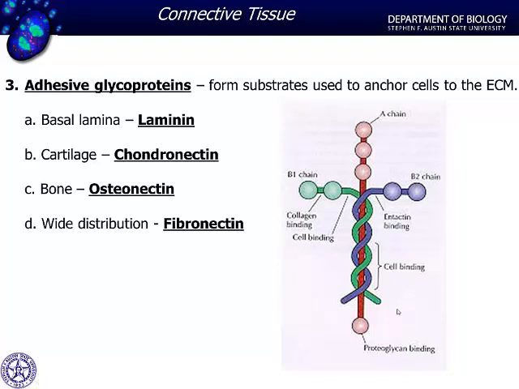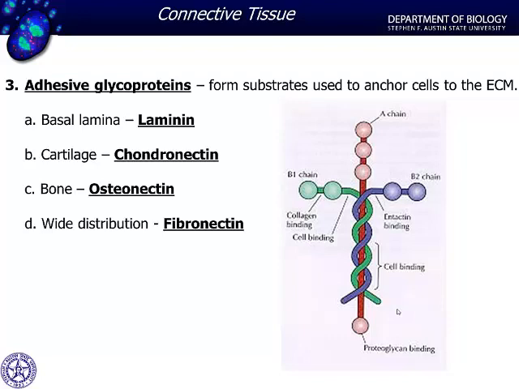In cartilage, we have a molecule with a similar function called chondronectin, in bone osteonectin, and then secreted by fibroblasts that is basically very widely distributed throughout tissues, including the basal lamina and reticular layers and just other interstitial connective tissue, we have fibronectin. That was the first one that was really described.